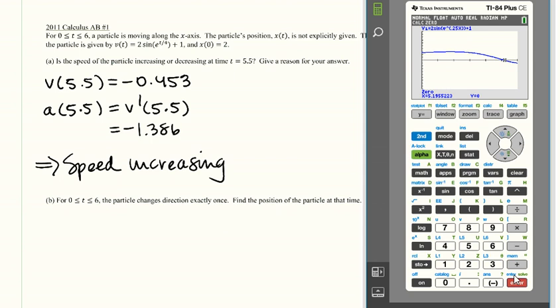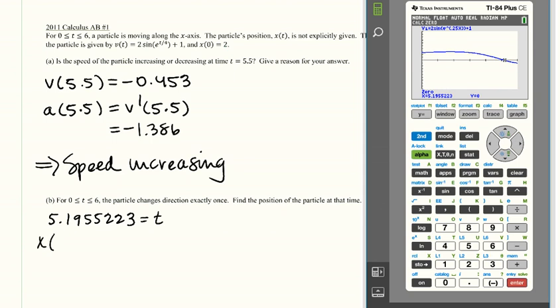4.19. Okay, but we need more decimals. 5.19 what? Like that? Okay, equals the time that we're interested in. Okay, we want x at that.